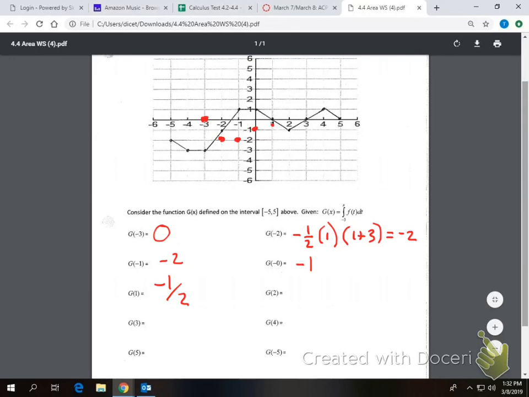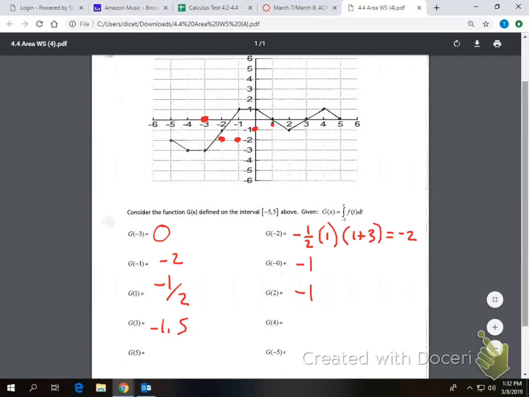At g of 2, well, from 1 to 2, I go back negative, don't I? So I go back to, don't I go back to -1? Yep. And then what's g of 3? -1 1/2. So -1.5.